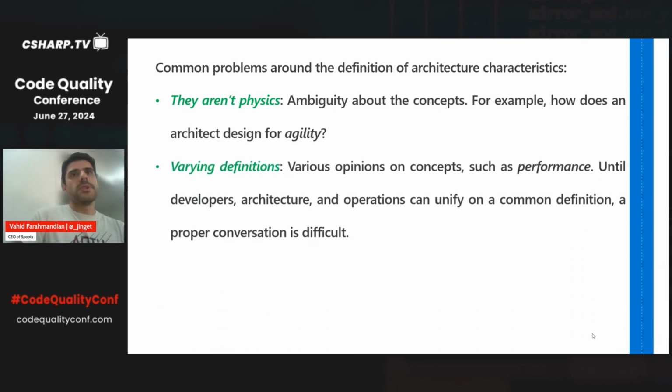The second problem around the definition of architecture characteristics is that there might be varying definitions around some concepts. For example, when we're talking about performance, the different roles in our teams might have their own definitions and understandings of performance.